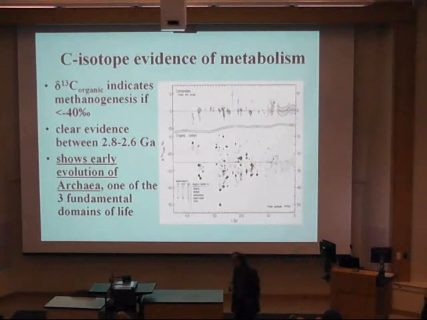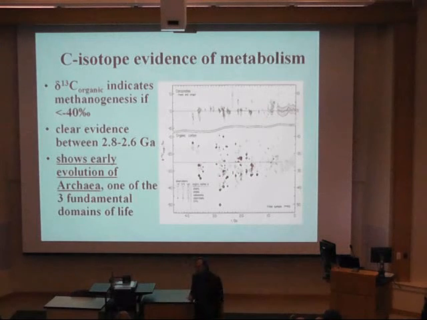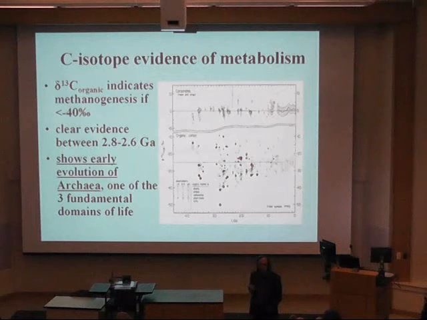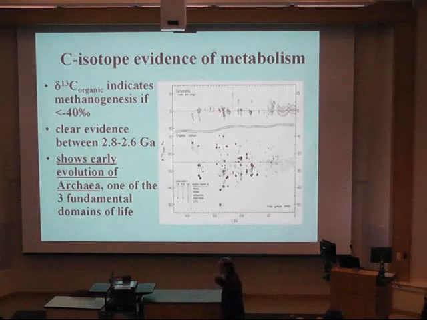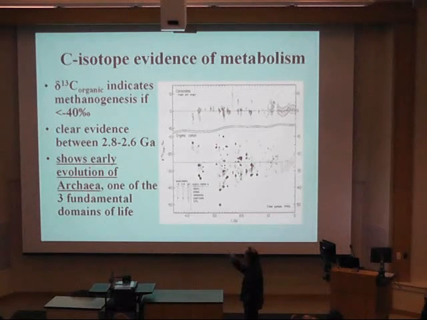If we go a little younger and look at carbon isotopes this time, there's a metabolism that imparts a particularly obvious fractionation on carbon isotopes. It's called methanogenesis. It's something that's exclusively done by one particular branch of microbial life, the archaea, things that look like bacteria but are actually more closely related to us than to bacteria.